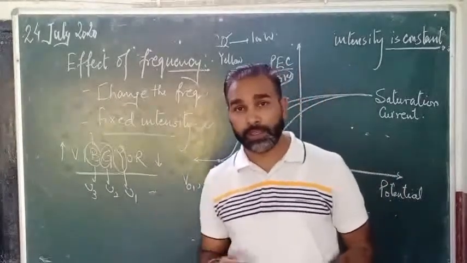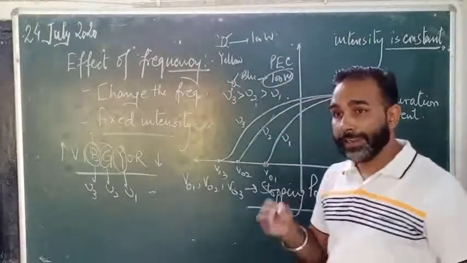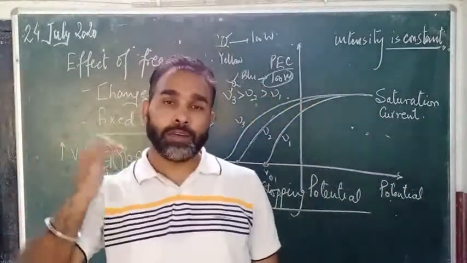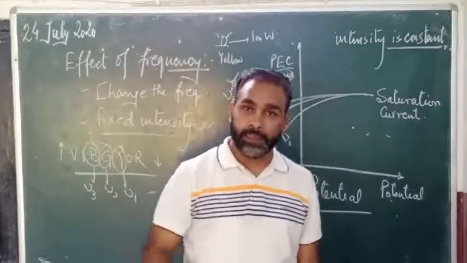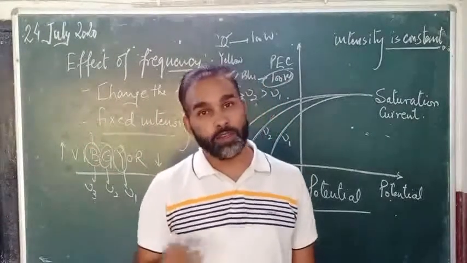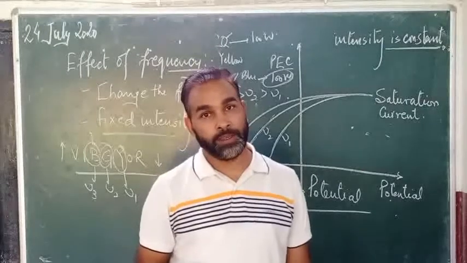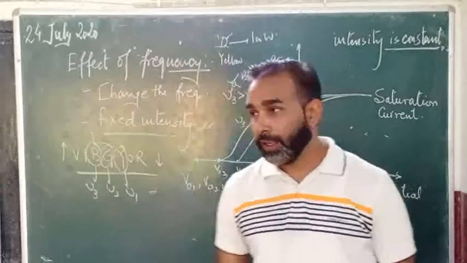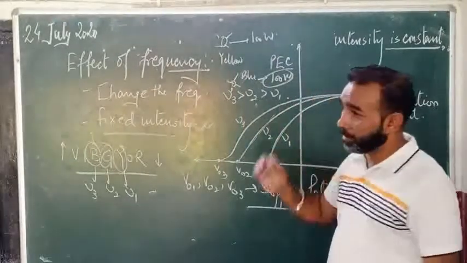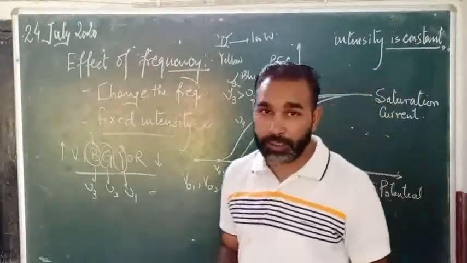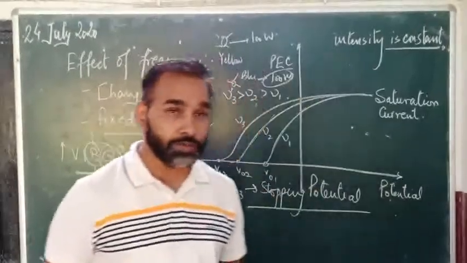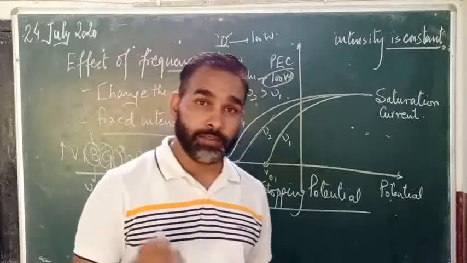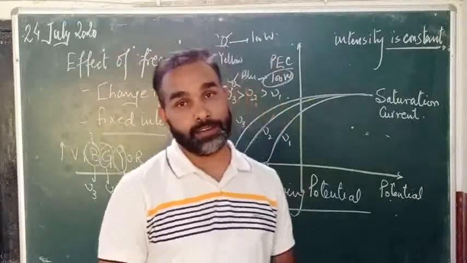So through this they observed that when the intensity of light is fixed, for different frequencies of light the stopping potential is also different, right? And when the graph was constructed for stopping potential and frequency, it was found that stopping potential varies linearly with the frequency of incident radiation.